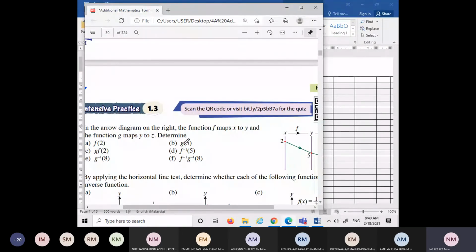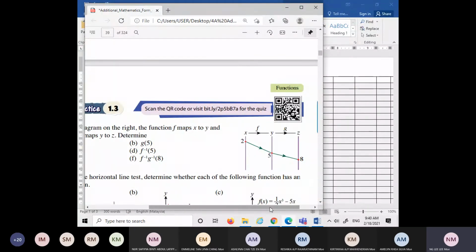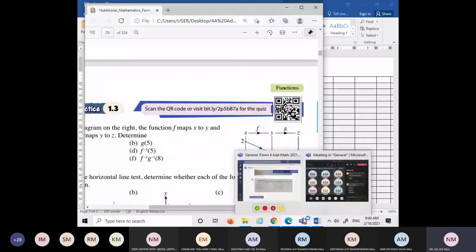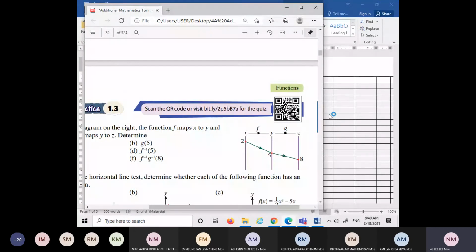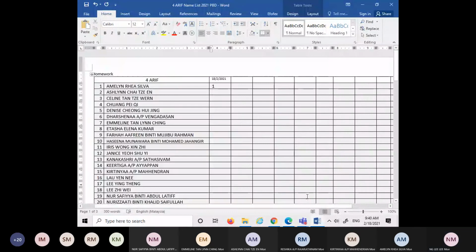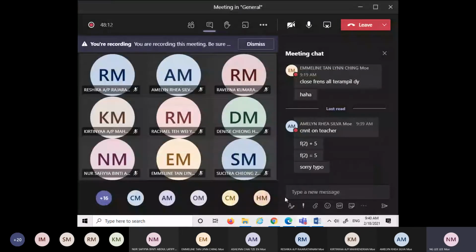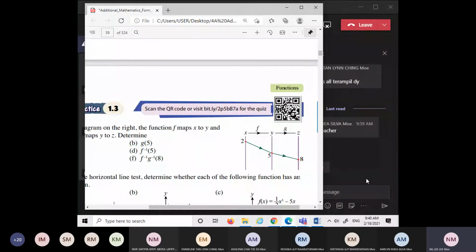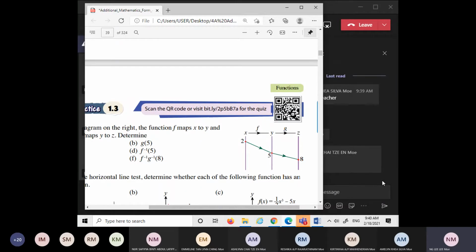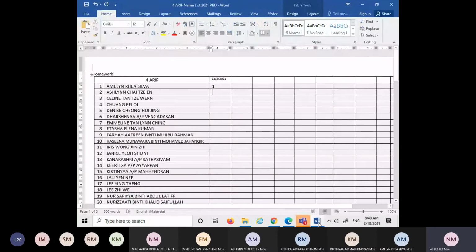Ashley, answer for B, g(5). If you are able to, on the mic, you can straight away tell me the answer. Ashlyn, g(5). Okay, it's 8. She's getting 1 mark. Next girl, Celine Tan.